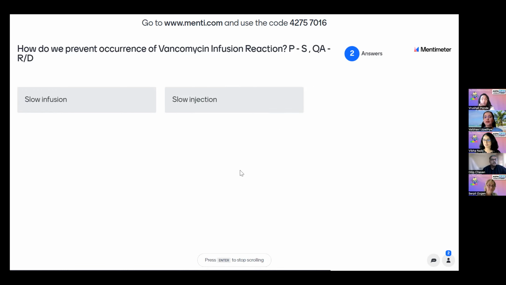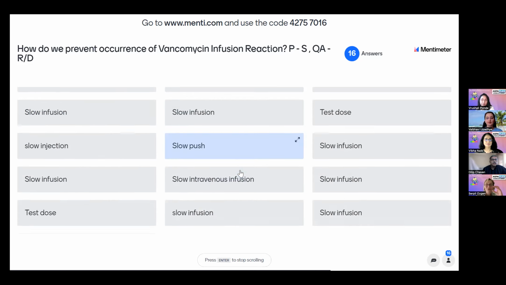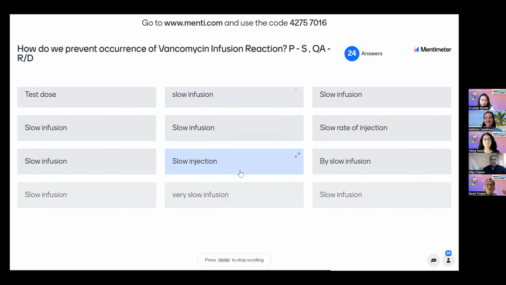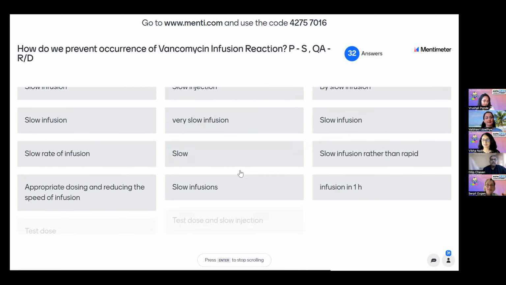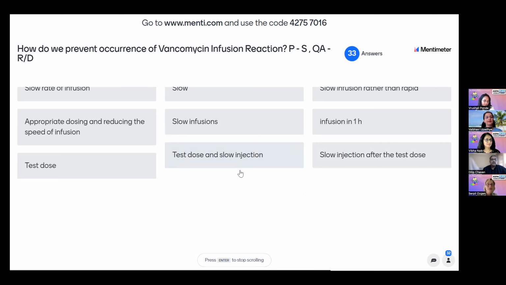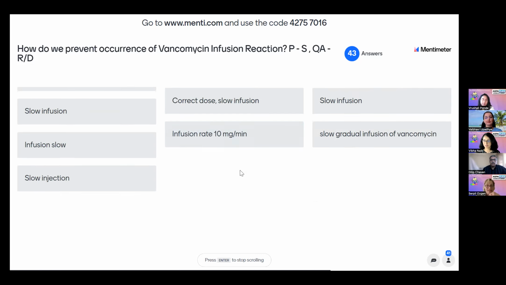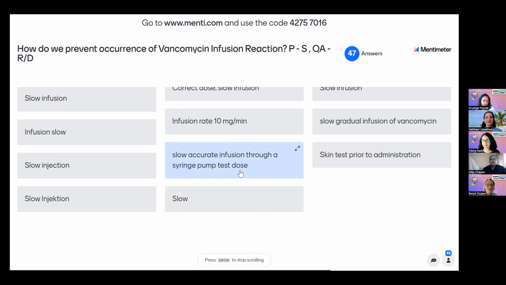For that, the panel, Dr. Serpil. The audience is giving all the same reaction: if we give the drug slowly, give 1 cc and wait, watching the reaction over 4 to 10 minutes, that is the solution. So the proper dose and speed is the right answer to prevent this infusion reaction.